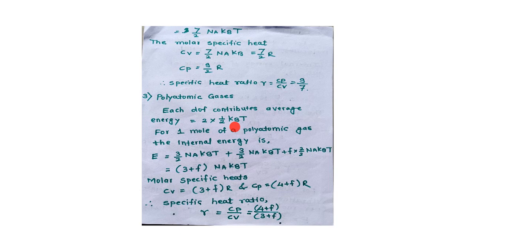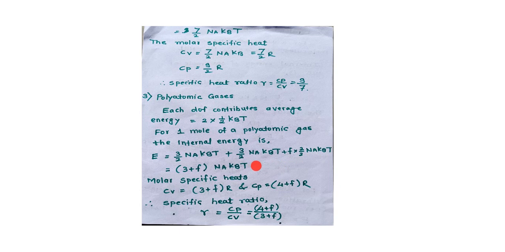And for 1 mole of a polyatomic gas, the internal energy is E equals 3/2 NakBT plus 3/2 NakBT plus f into 2/2 NakBT. By solving this equation, we will get (3 plus f) NakBT.